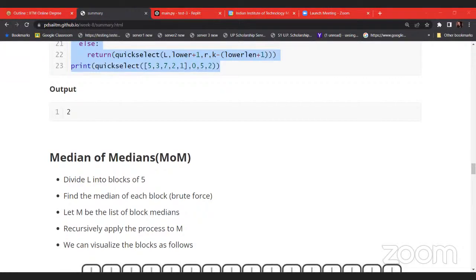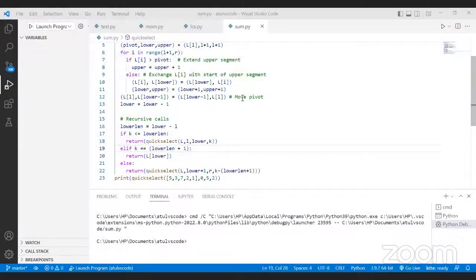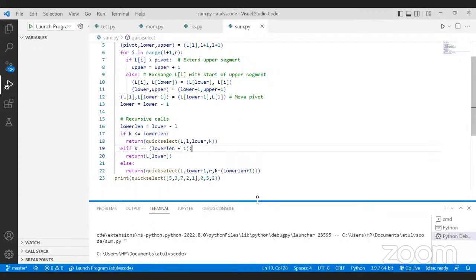My VS Code is visible? No. Oh, okay, one second. Now it is visible?